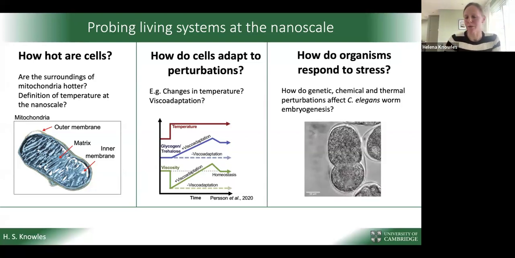And a final example, looking at slightly larger systems, how does an entire organism respond to stress? So, for example, if we take very basic animals such as C. elegans worms, we perturb them through genetic or chemical thermal perturbations, what happens to the viscosity? What happens to the development of this animal?